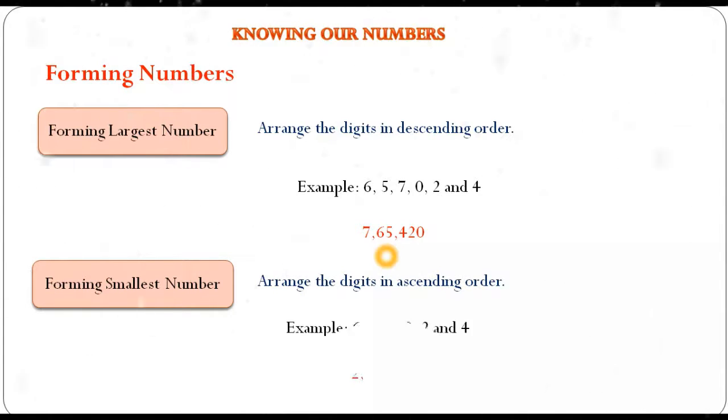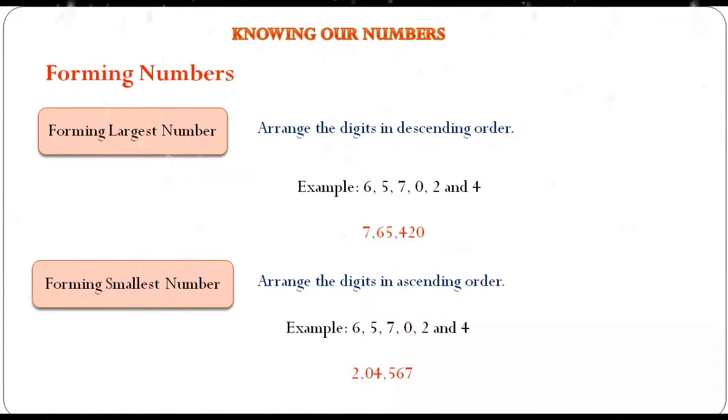Let's take the same digits and now arrange the digits in ascending order. That means the smallest digit first. Now see, 0 is the smallest digit, right? But you can't write 0 at first, because when you write 0 before any digit, that 0 has no value at all. So we can't write 0 here. You can write some other smallest digit other than 0.